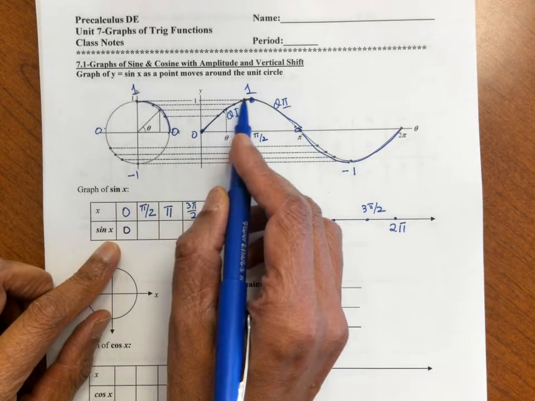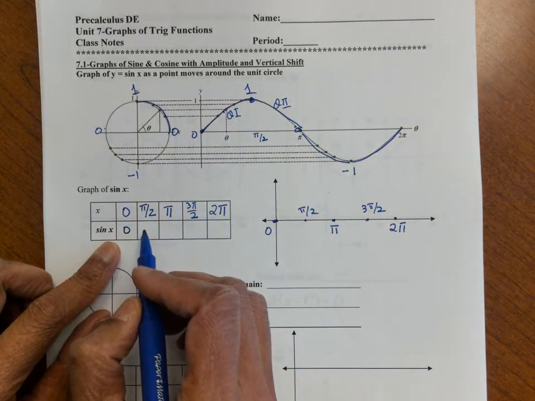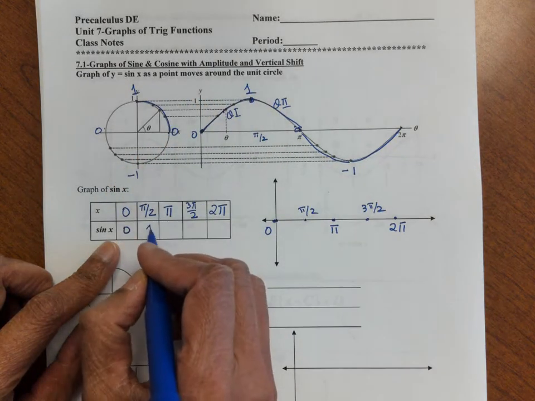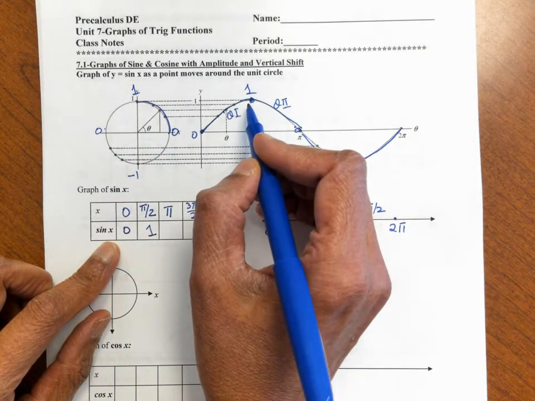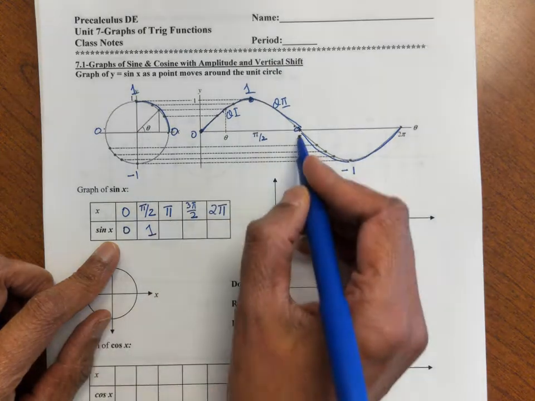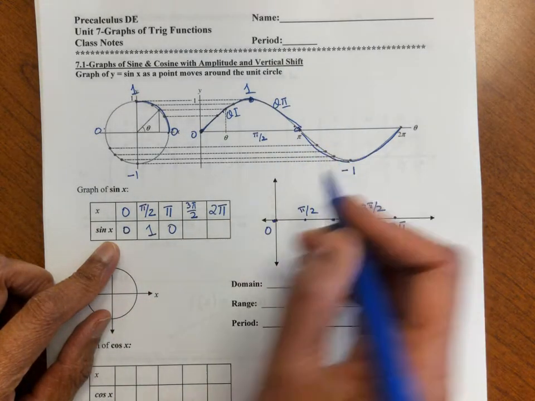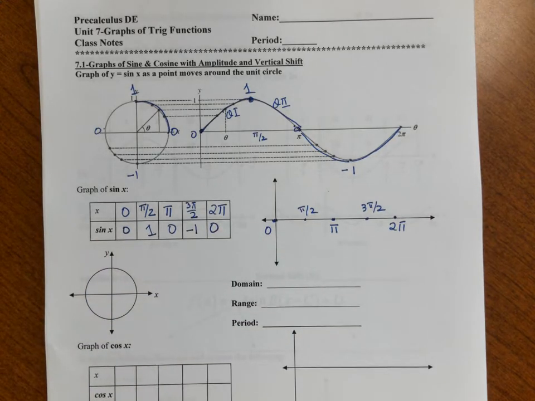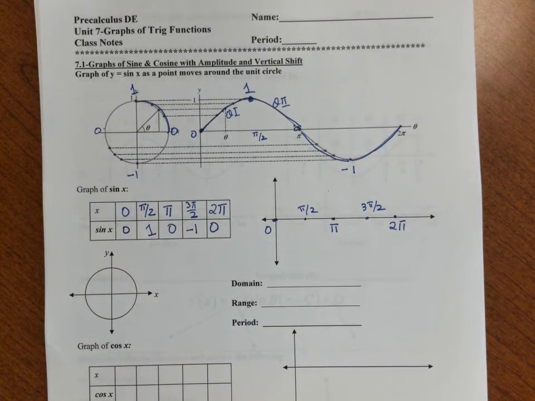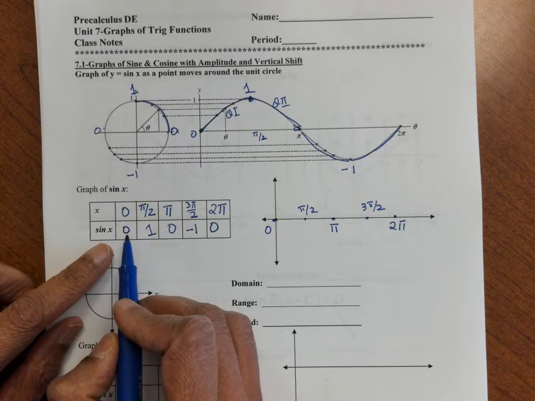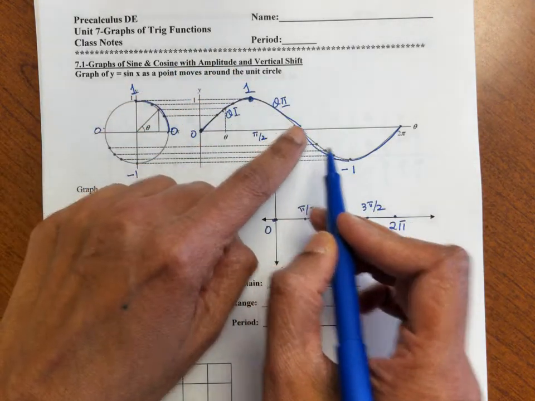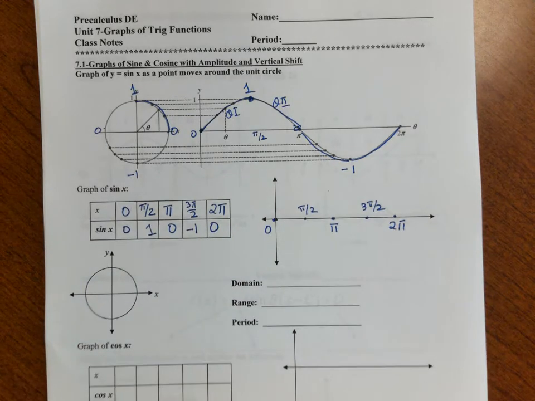From 0 it goes up. Once it rises to the maximum, it can only come down. So it comes back to 0, and then it goes below the sea level, and then it comes back to 0. These are the points that you want to remember for the sine graph: it goes from 0 to 1 to 0 to -1 to 0. These are the points that you'll write.